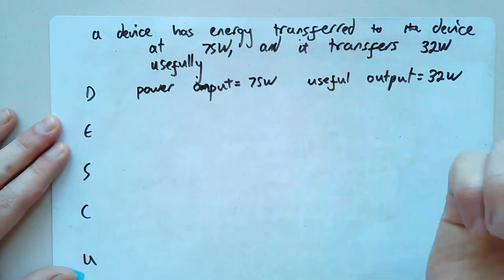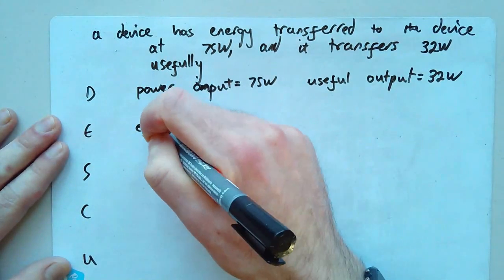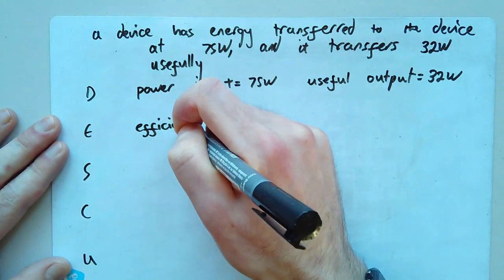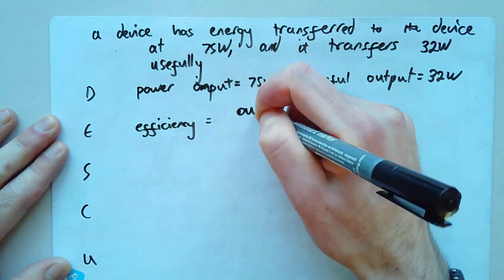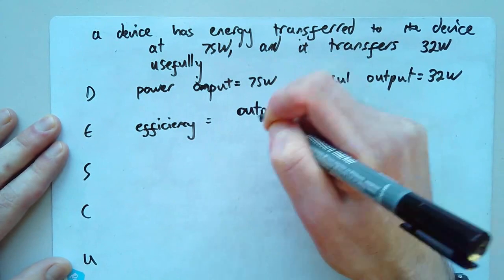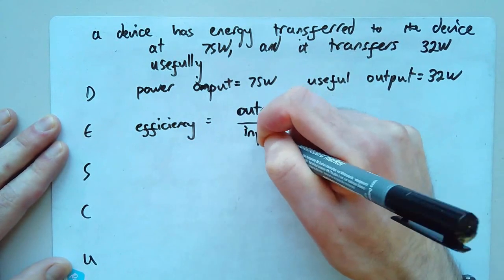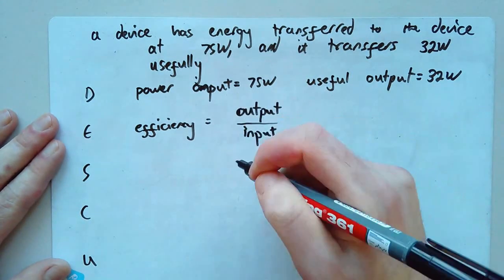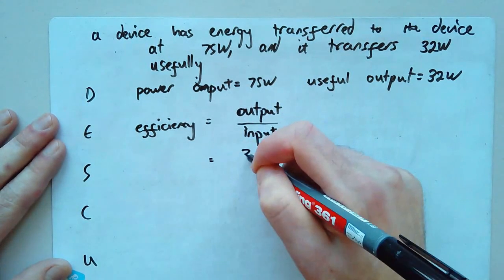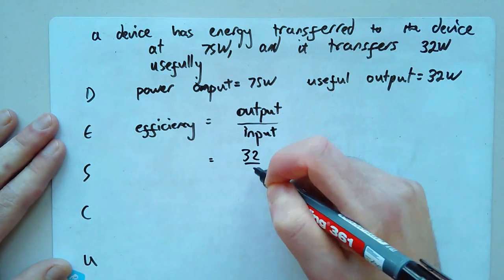My equation is efficiency equals output divided by input. I substitute, which gives me 32 over 75.